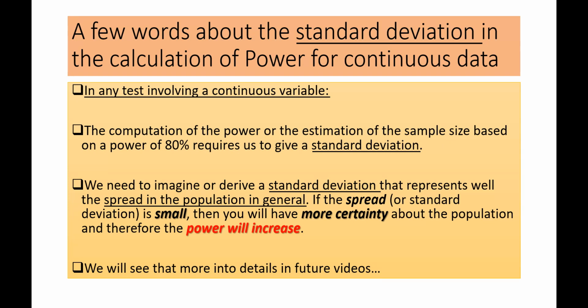But I want you to understand that if the standard deviation is small, it means you have more certainty about the population, okay? If the standard deviation is big, you have more heterogeneous data in that group. It means you have less certainty about the population, probably. But we will see that in more detail in future videos.